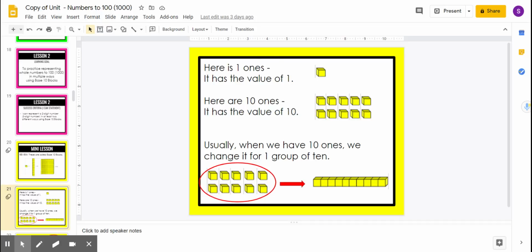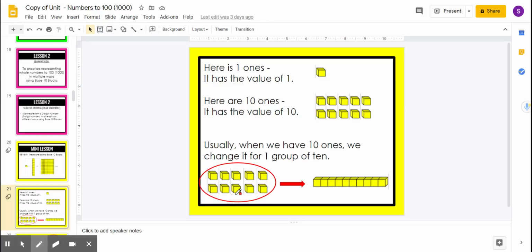Just to show how we can think about these blocks in different ways, here we have the one cube, and now we have 10 ones, and it has a value of 10. So if I were to count each one, we would get 10. Usually when we have 10 ones, we regroup it or change it for a group of 10.